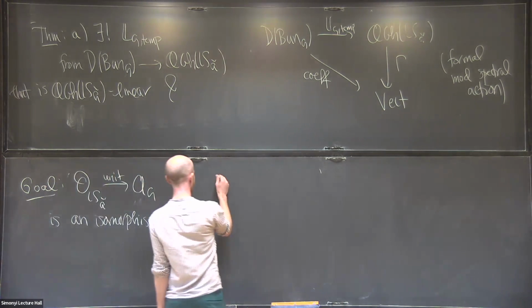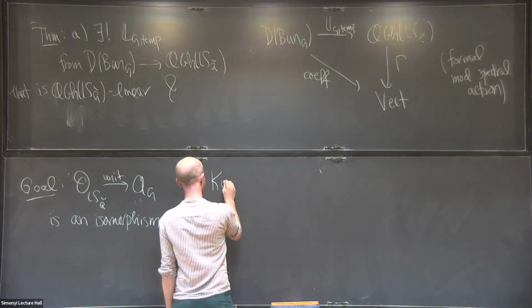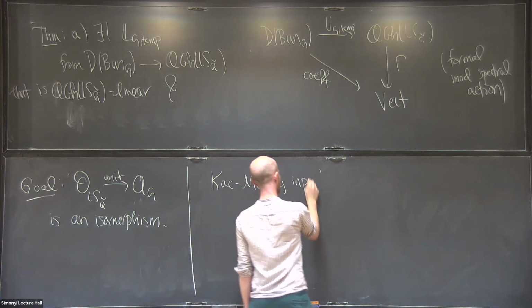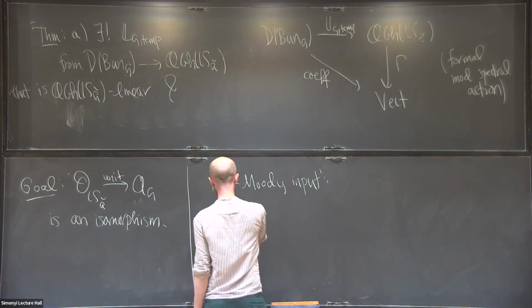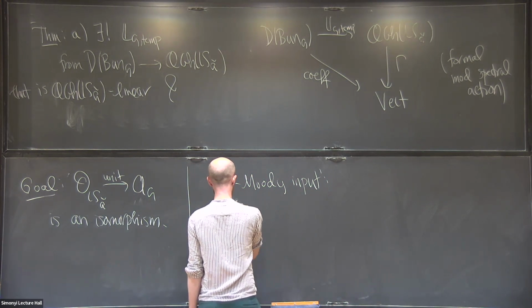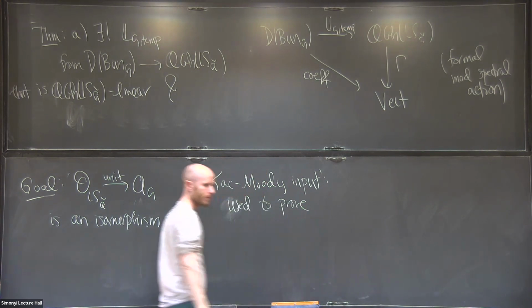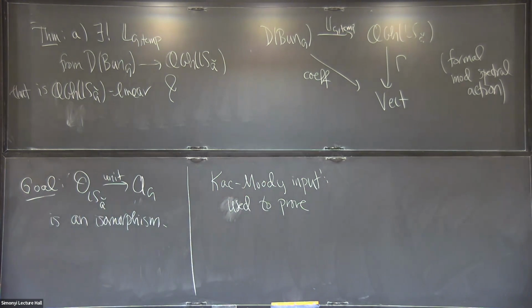Okay, so now I'm going to start doing Kac-Moody input. Wait, Sam, sorry, let's repeat that. You said, if I'm worried that I'm not getting every local system from a Hecke eigensheaf, that would correspond to the support of AG missing some points.